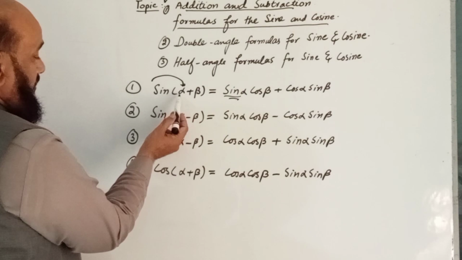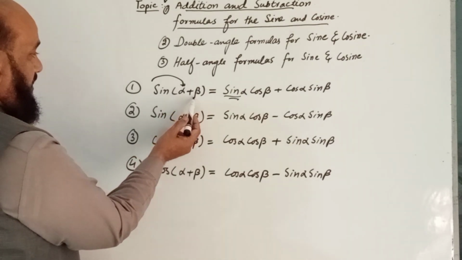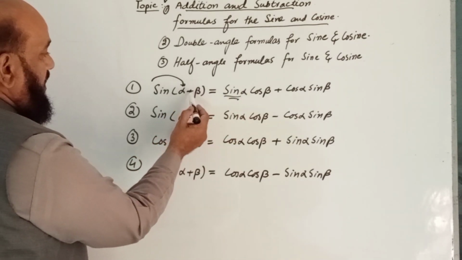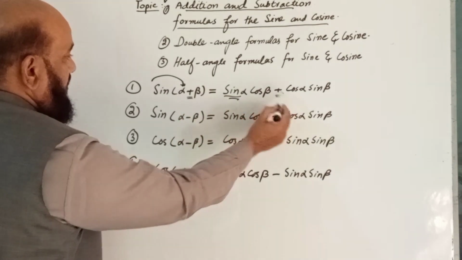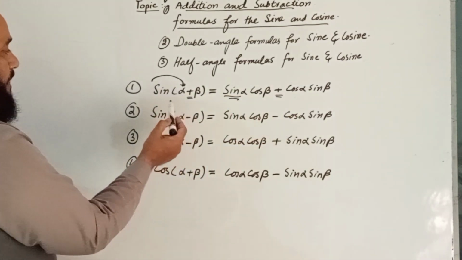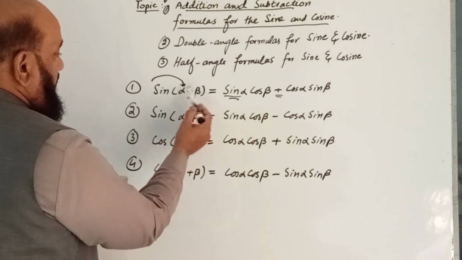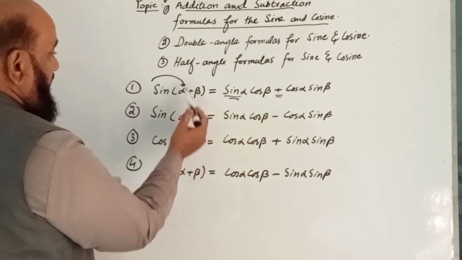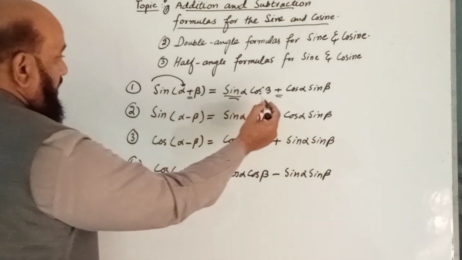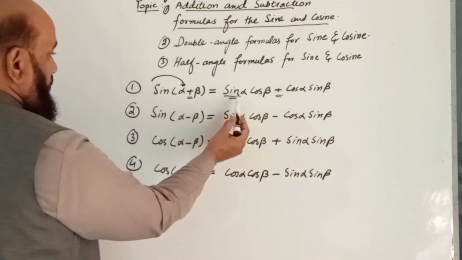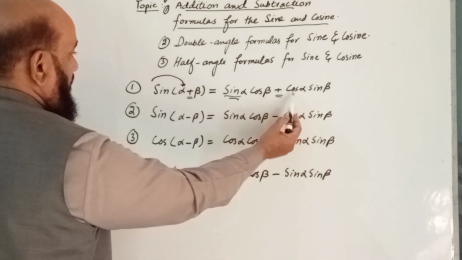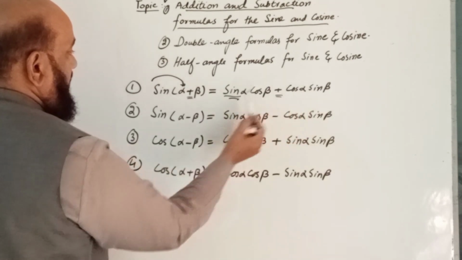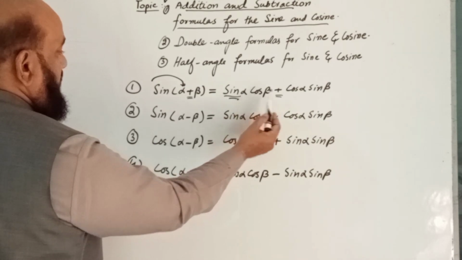First angle will be used for sine alpha and second for cos beta. Sine will remain the same. Here is positive and here is positive. In case of sine, no change will be on positive and negative sign. Then next, first we use alpha on sine, then we use alpha on cos alpha and sine beta. These two places will be changed.